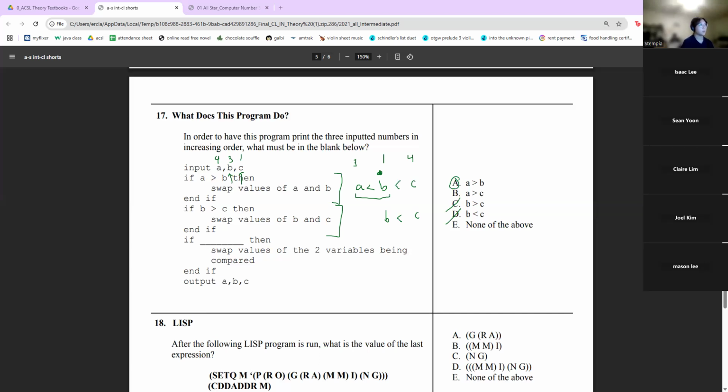When you are doing a problem like this, where it's just a series of if statements, one effective strategy is to plug in all the conditions that could possibly be.